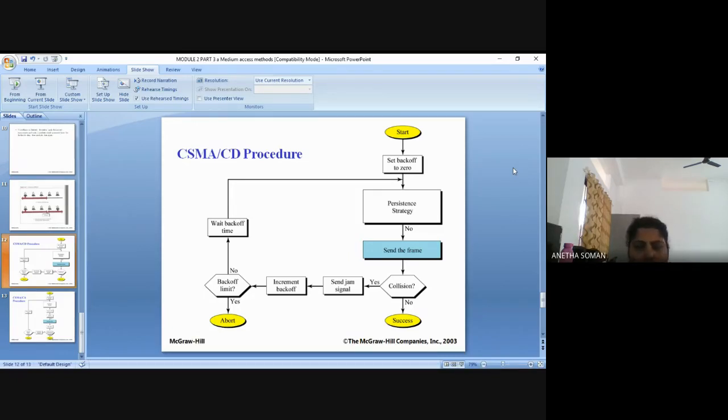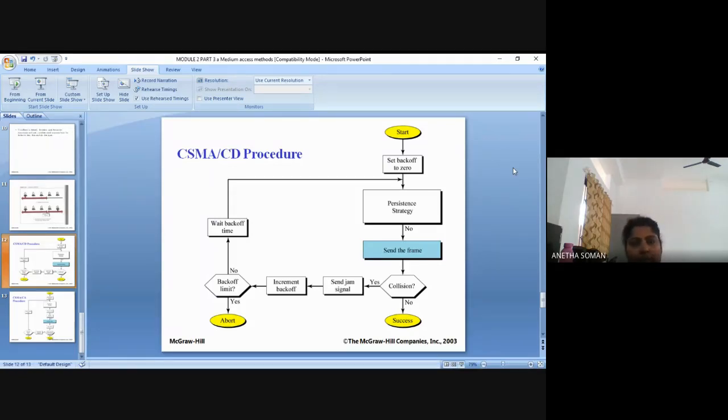So the station waits. That means it needs to back off. Back off means it needs to withdraw. But how much time does it need to wait before sending again? That is based upon a back off procedure called the exponential back off method.